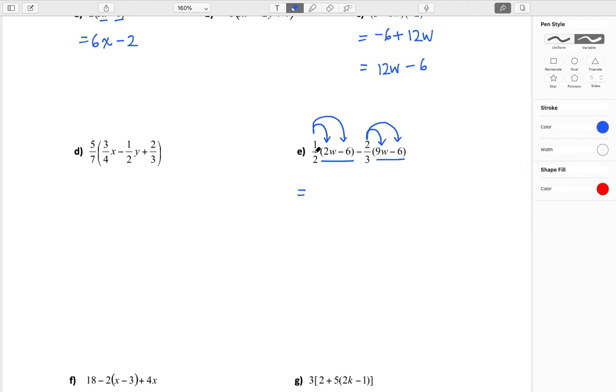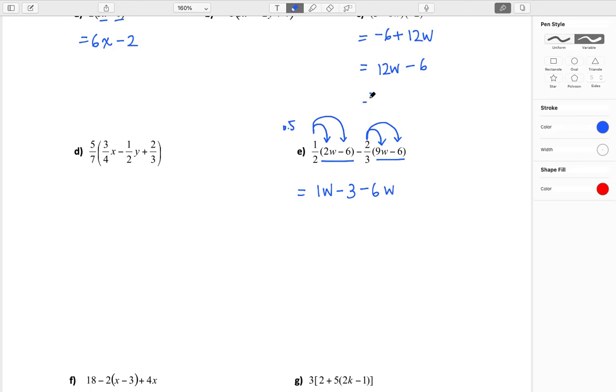So we start with 1/2 times 2w. Do the numbers and it will give you 1w. And 1/2 times -6. Remember, 1/2 is like 0.5. You will get -3. And then -2/3 times 9w is going to give me -6w.